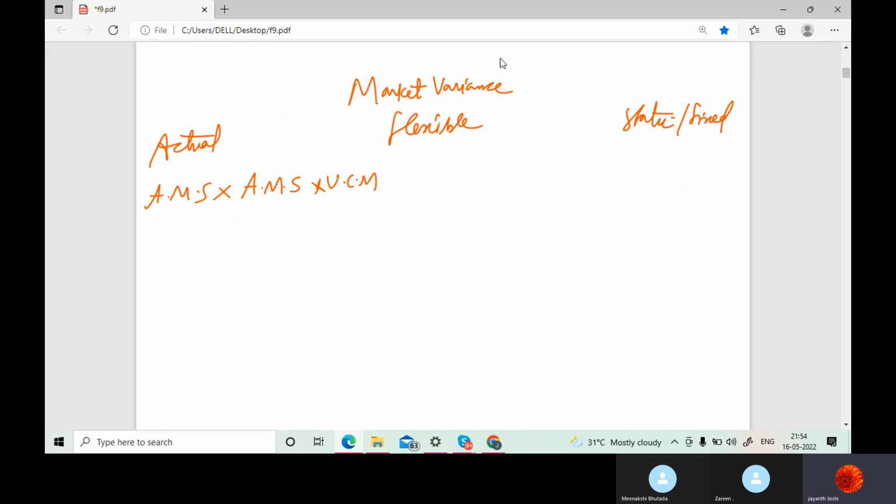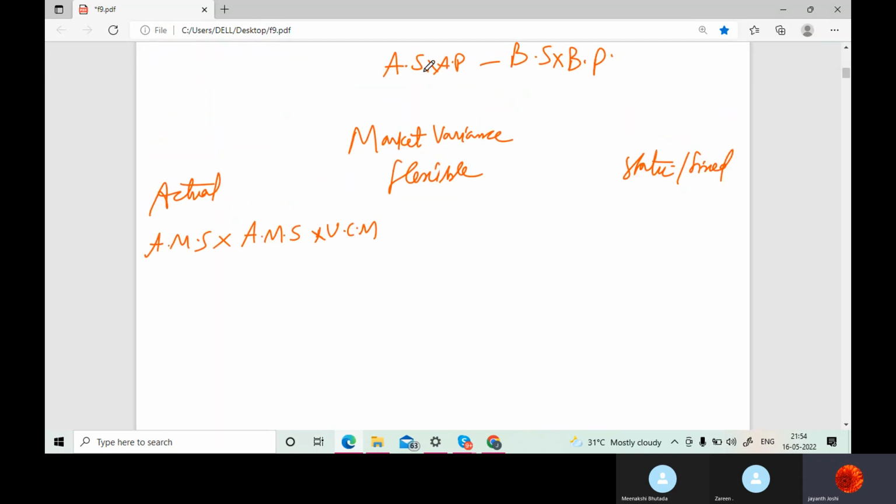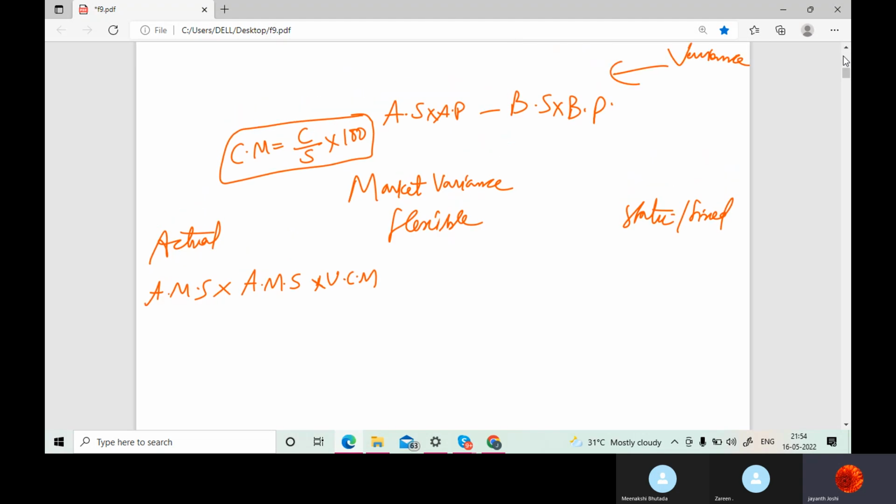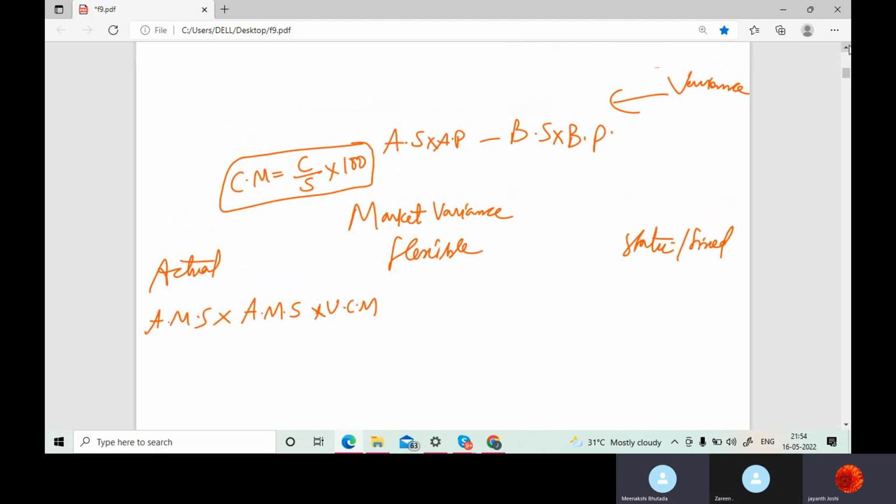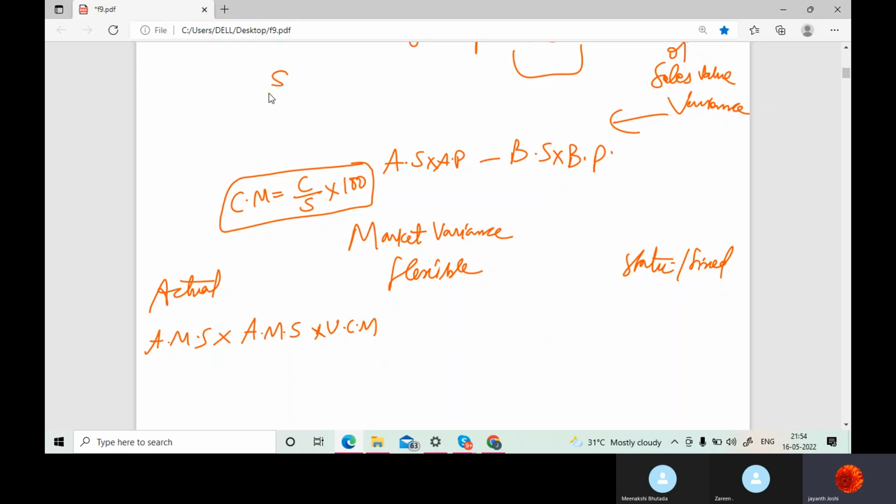What do you mean by unit contribution margin? Contribution margin is equal to contribution by sales into 100. Did you understand? See, sales minus variable cost is contribution.